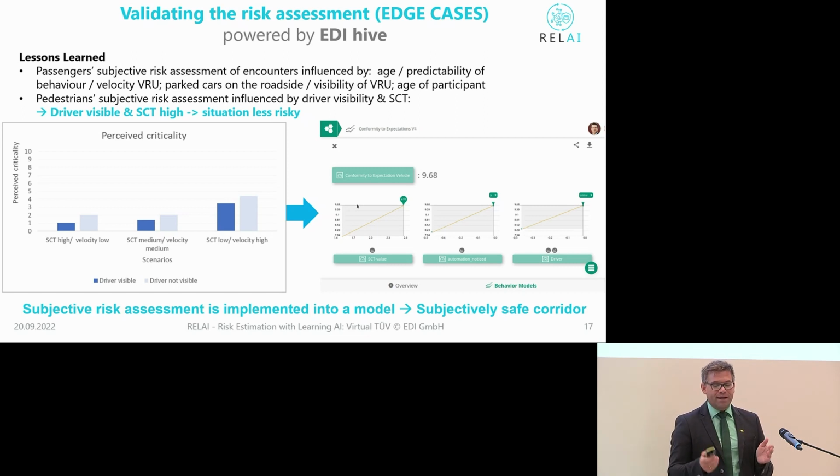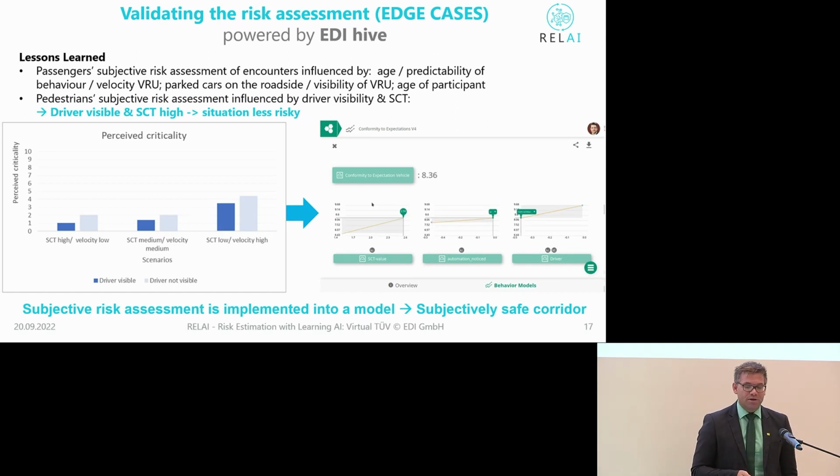We could find out that it's different if the pedestrian could see a driver or a pilot in the vehicle, or if there is nothing, because that changed the expectation of how fast and when a vehicle should brake. That is what we can see here.